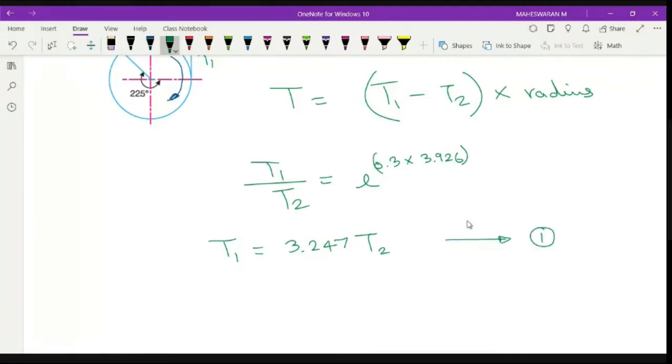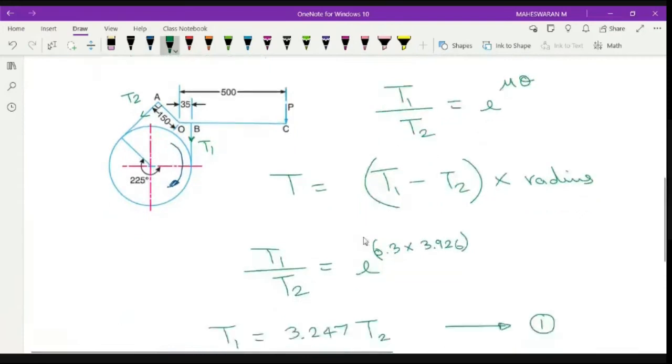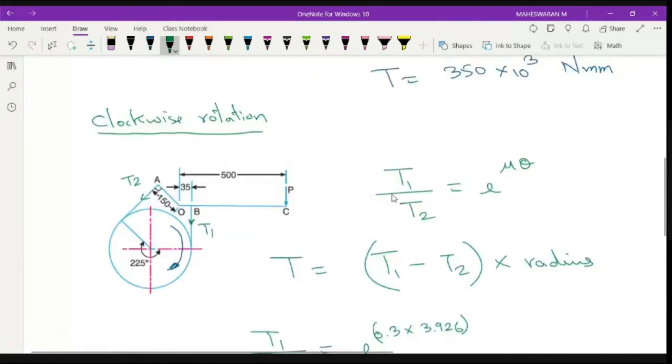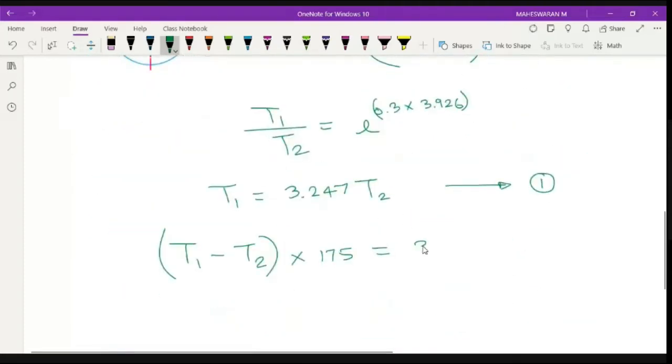Now I know what my torque is, so I can substitute this also. I will consider this as another equation. Torque, you know the value, which is 350. T1 minus T2 into radius of the drum, which is 175, is equal to 350 into 10 power 3.